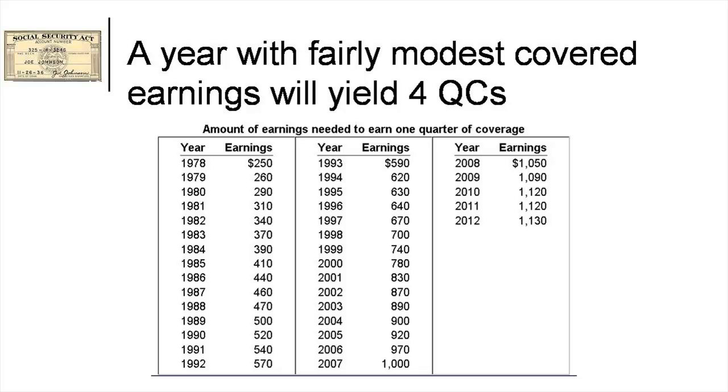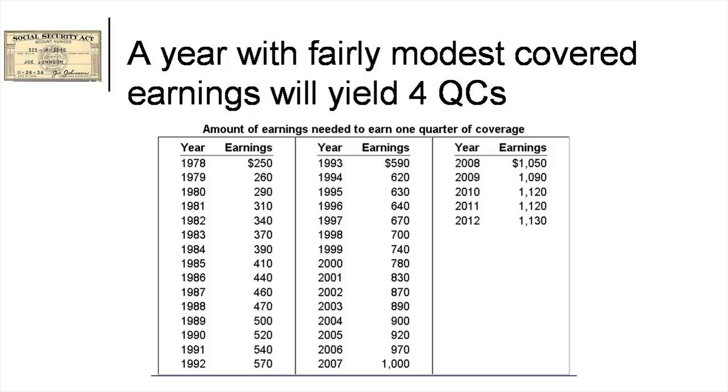This central eligibility unit, the quarter of coverage, is set quite low, so that modest earnings spread over a few years can produce insured status, and since the calculation rests on annual earnings, work during a small portion of any one year, the summer months for example, can generate a full 4 quarters.